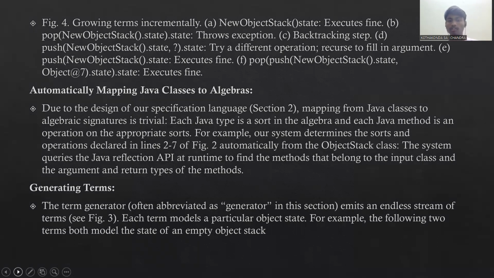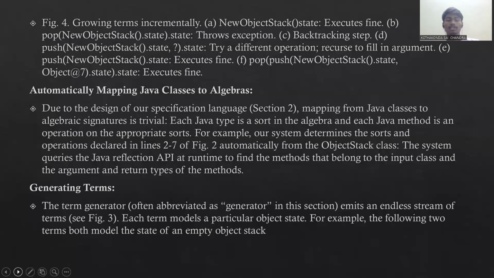For example, our system determines the sorts and operations declared in lines 2 to 7 of Figure 2 automatically from the ObjectStack class. The system queries the Java reflection API at runtime to find the methods that belong to the input class and the argument and return types of the methods.